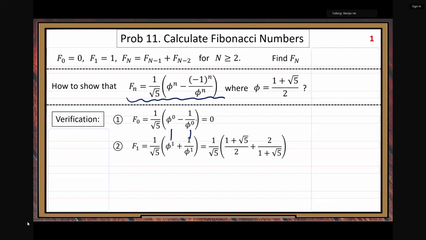Many of you know in this situation, we need to rationalize the denominator. We want to make the denominator a rational number. So this 1 plus root 5 is too complicated at the denominator. So usually what people do, they multiply by root 5 minus 1 over root 5 minus 1.